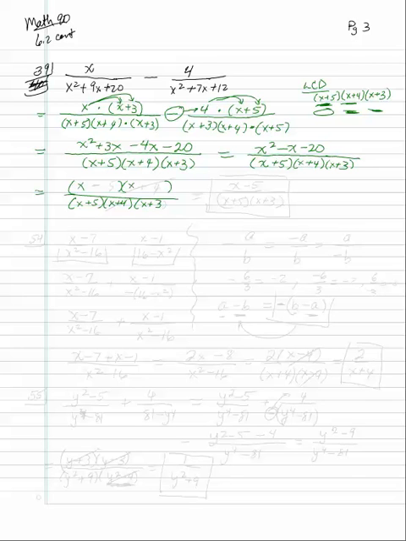So we got 5 and 4. The bigger one will be negative. The other one will be positive. So the x plus 4's cancel. And we end up with x minus 5 over x plus 5, x plus 3. And that should be right. Yep.